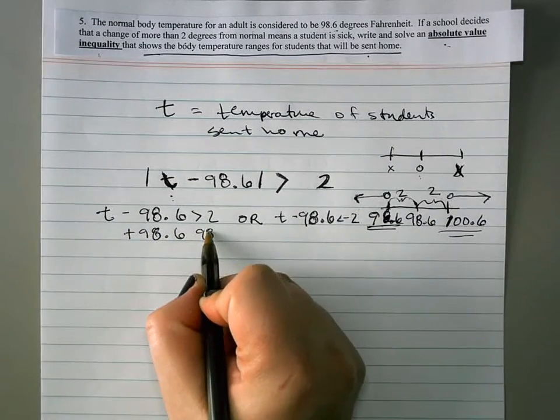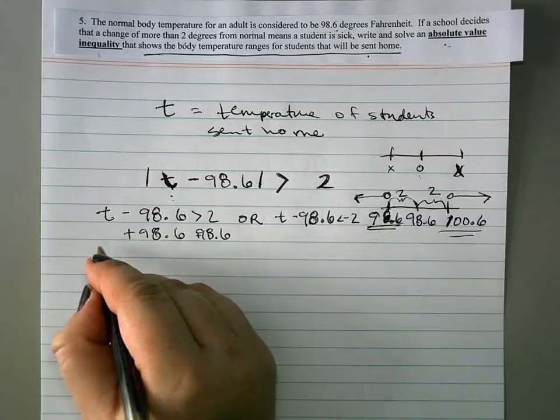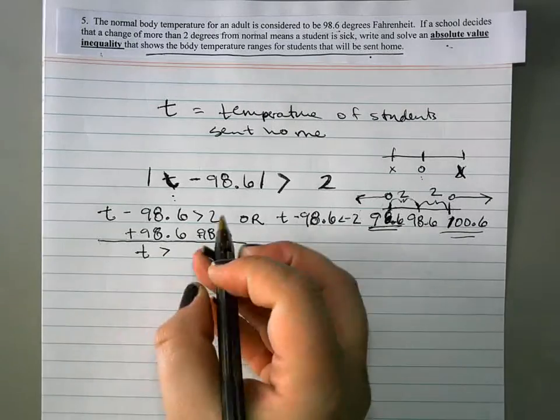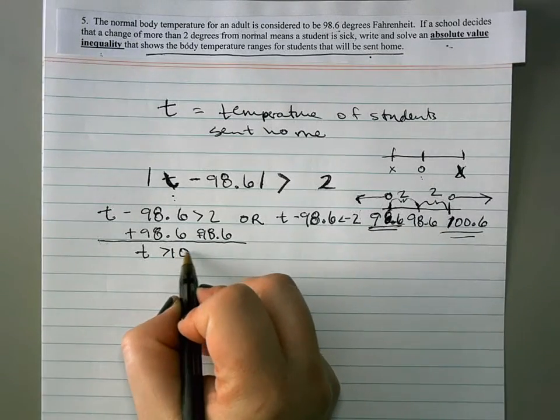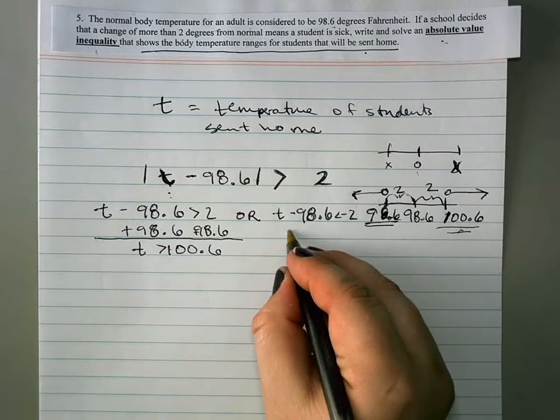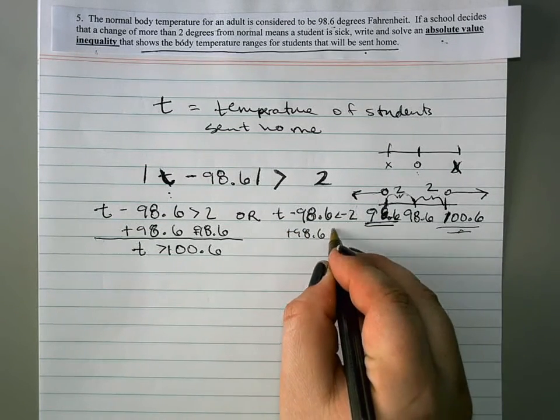Add 98.6 to both sides. And we get 100.6. There's our upper range. And add 98.6.